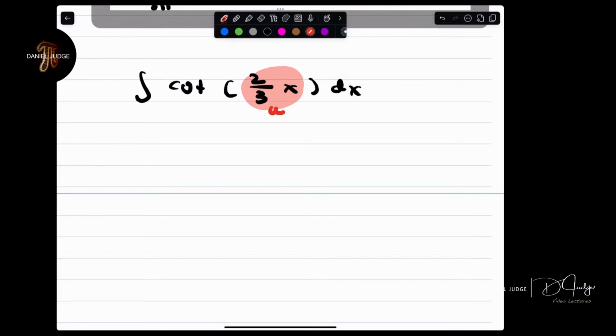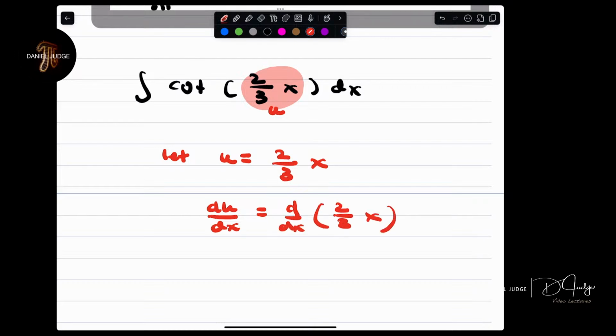So let u be 2/3 x, which means du dx is 2/3.